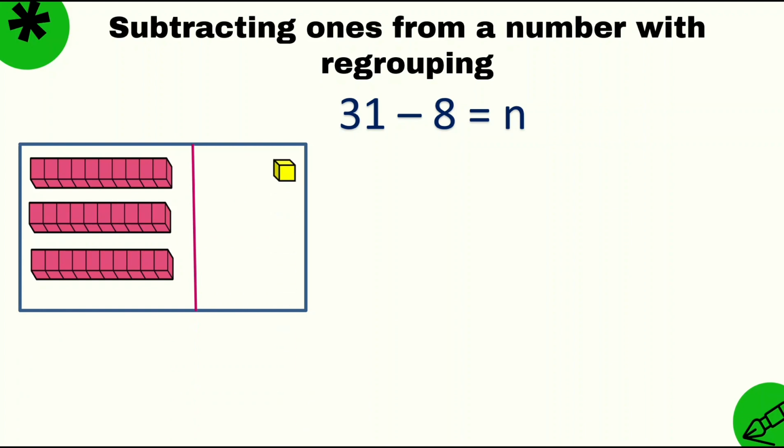Let's write 31 minus 8 in vertical form. Make sure to align the numbers to their corresponding place values: ones digit together, tens digit together, so that you will get the right answer.